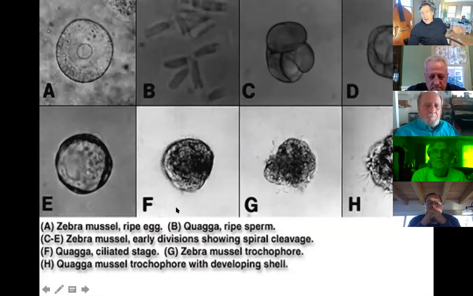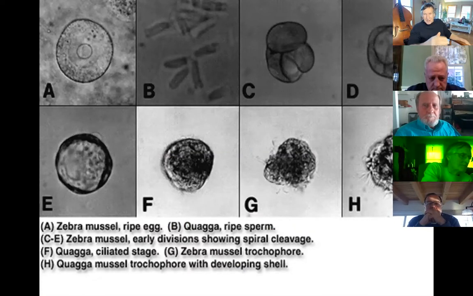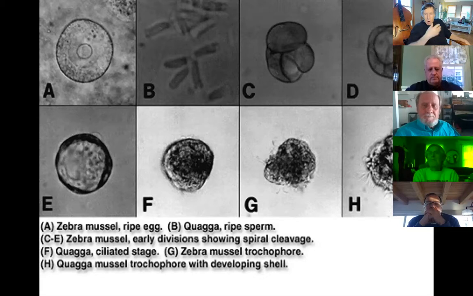Now, this is kind of an interesting thing that I want to bring up. When I say in these lectures, a clam, an oyster, a scallop, or a mussel, I'm talking about ours.